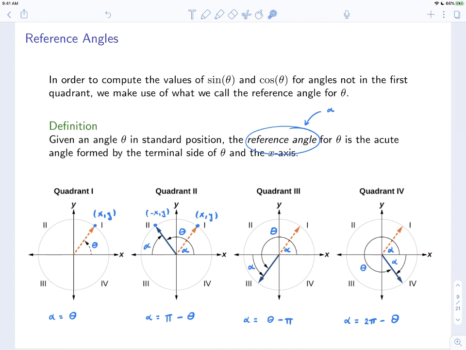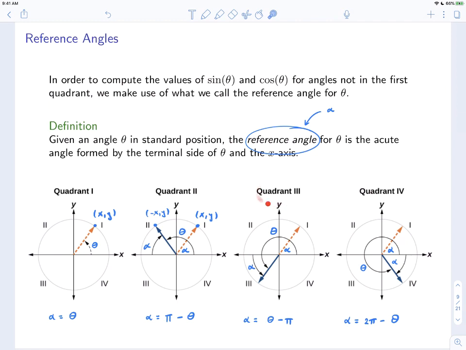The x-coordinate is the opposite because alpha's x-coordinate is to the right of the y-axis, but theta's x-coordinate is to the left of the y-axis, but by the same amount. So if alpha gives you x-coordinate x, then theta gives you x-coordinate the opposite of x.